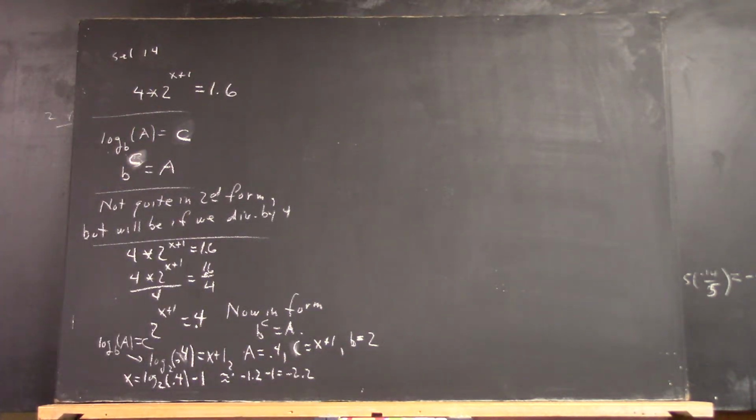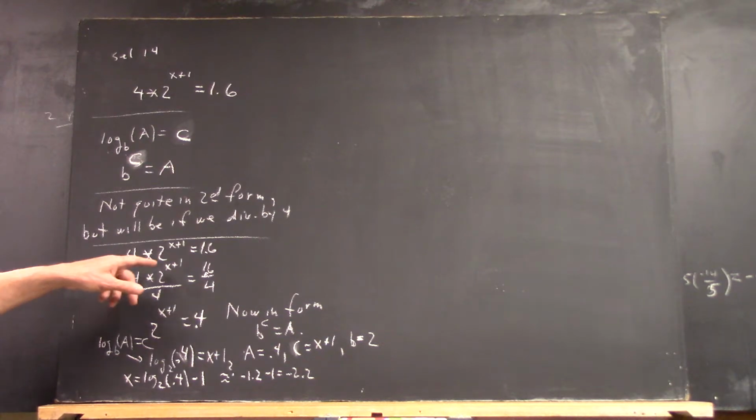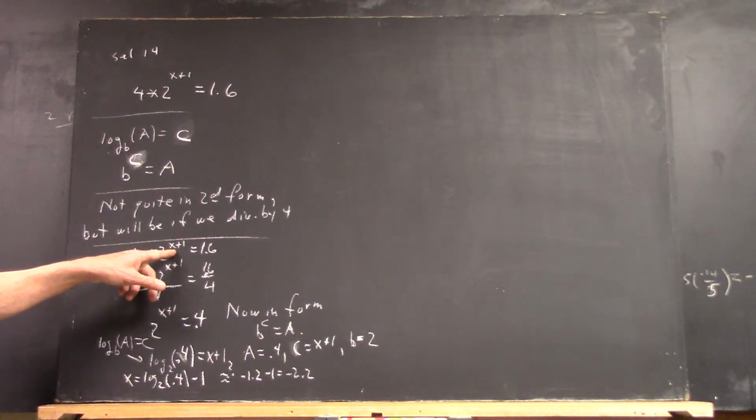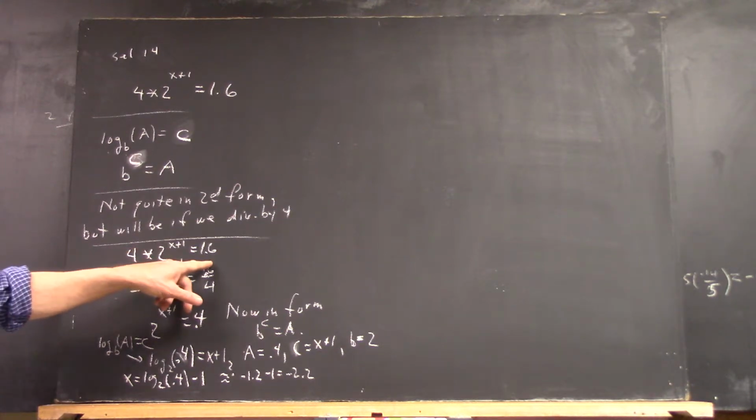Now, how do we check this? Well, we take 4 times 2 to the negative 2.2 and see if we get 1.6.